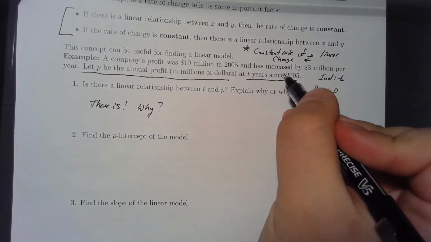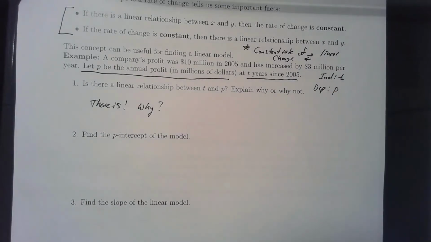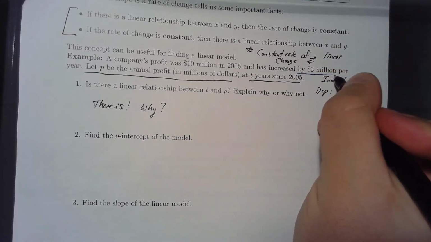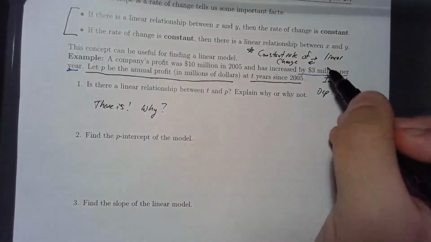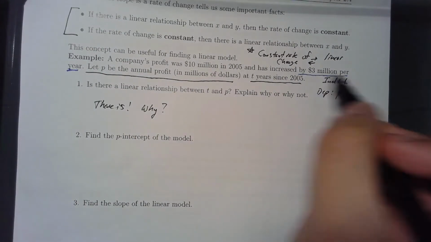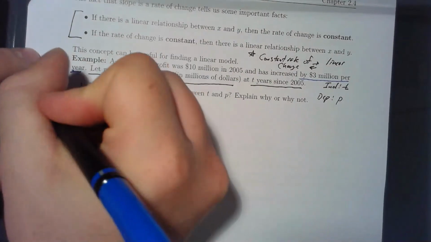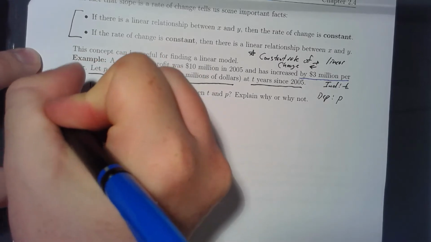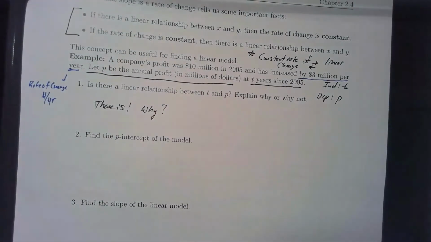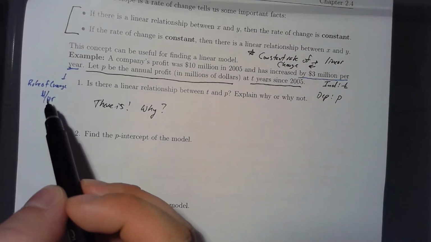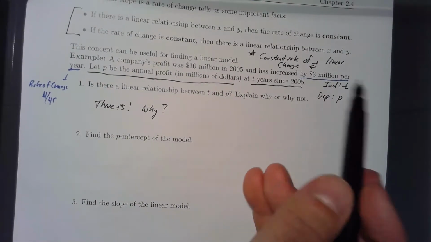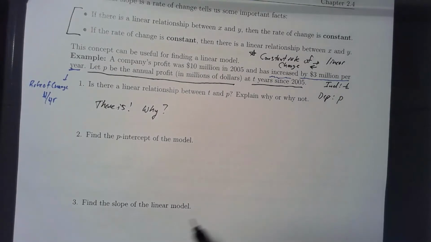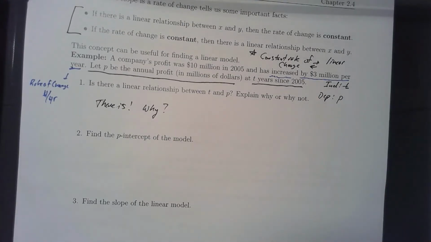It says right here, the profit increases by $3 million per year. See how the units are dollars per year? That right there is a rate of change, which is dollars per year. So this rate of change of dollars per year, that's a constant. That's telling you per year it changes by 3 million, 3 million, 3 million, and it's increasing, by the way. So that right there is a constant rate of change, which means it's linear.